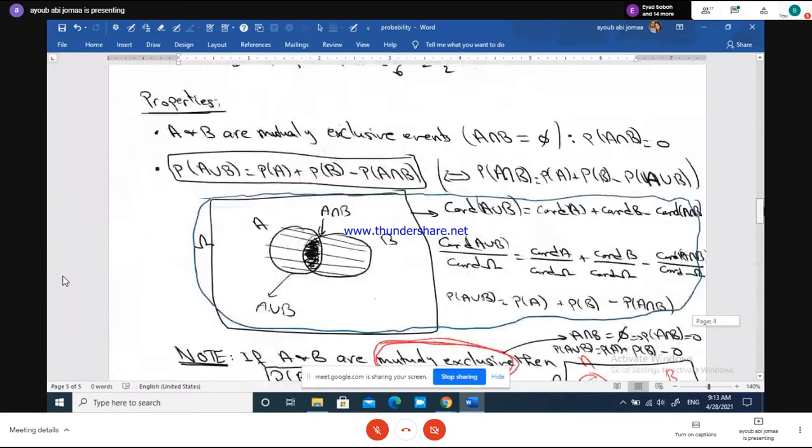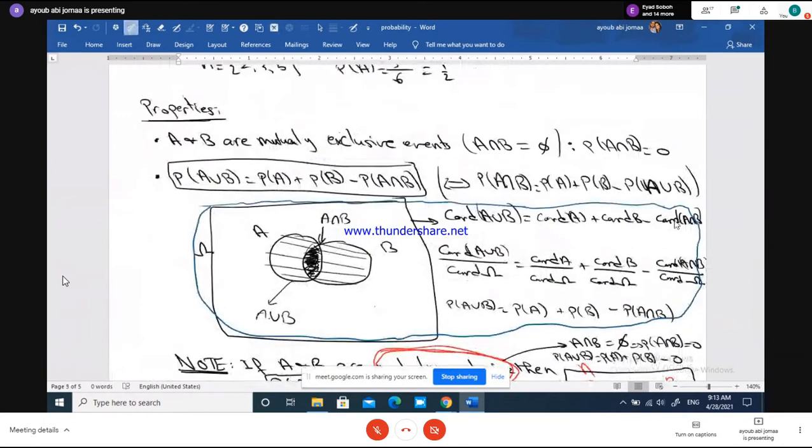A union B is probability of A plus probability of B minus probability of the intersection. Equivalent to say also, probability of the intersection is probability of A plus probability of B minus probability of the union. All these two, A union B, A intersection B, you can exchange.